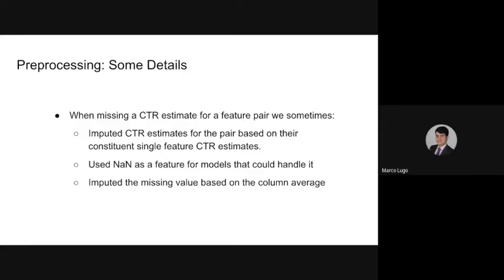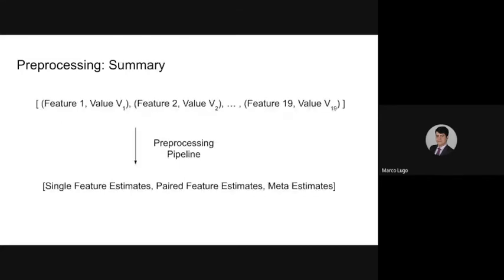But for other models, such as the neural network that we used, if the pair was missing but the singles was available, then we imputed it using the singles. However, generally we did impute the missing value based on the column average. So in summary, we combined the estimates from the aggregated singles, the aggregated pairs, and the average we added at the end.